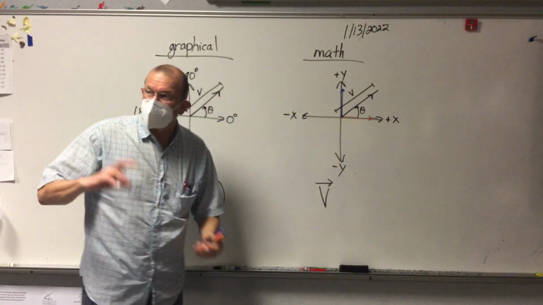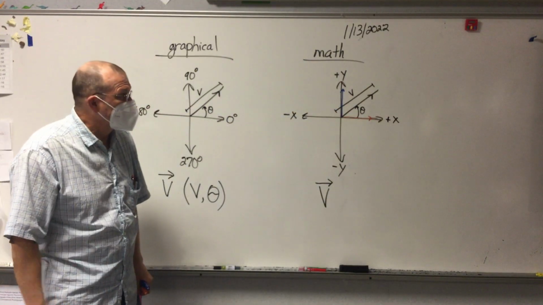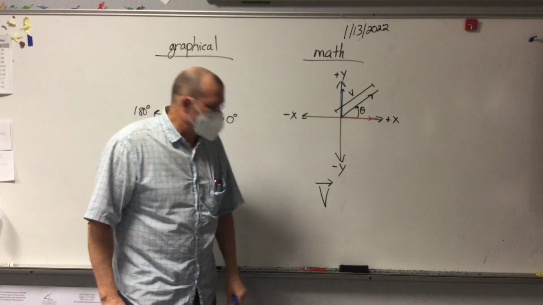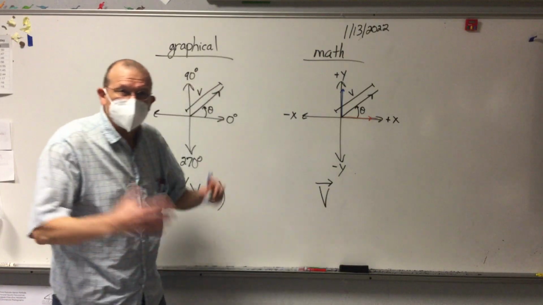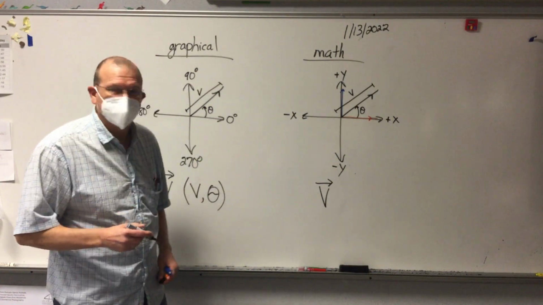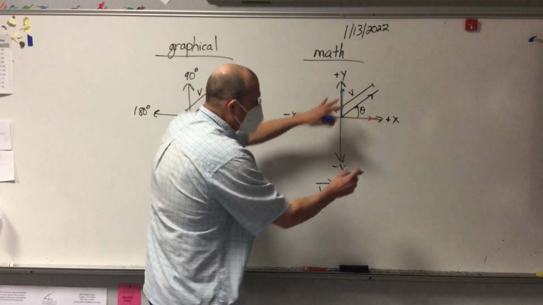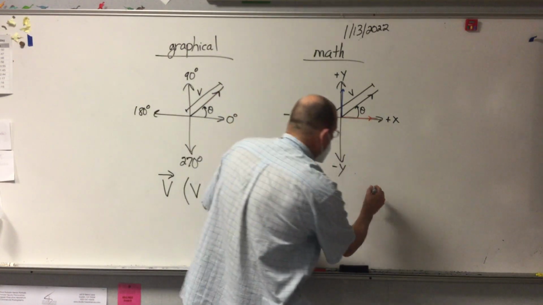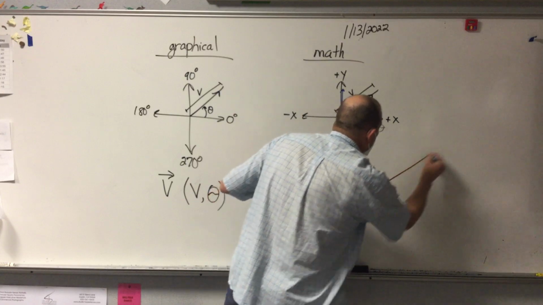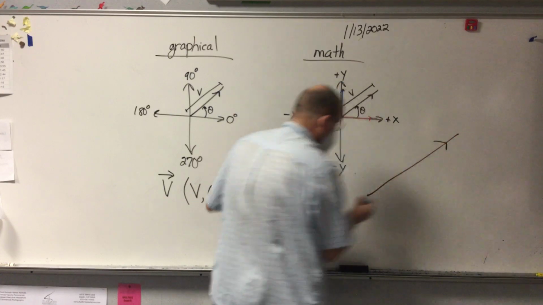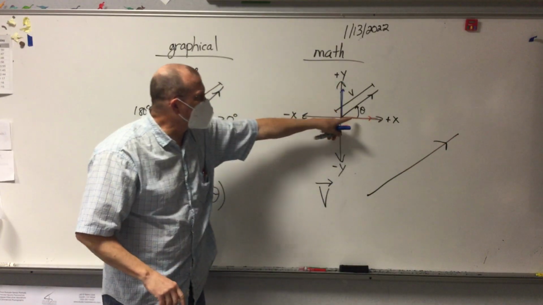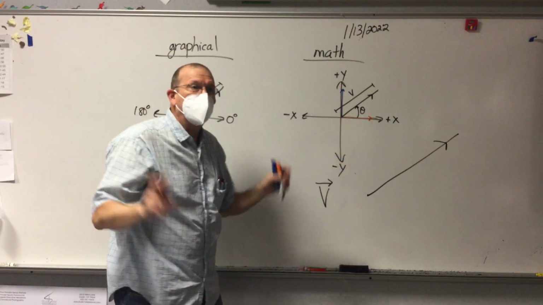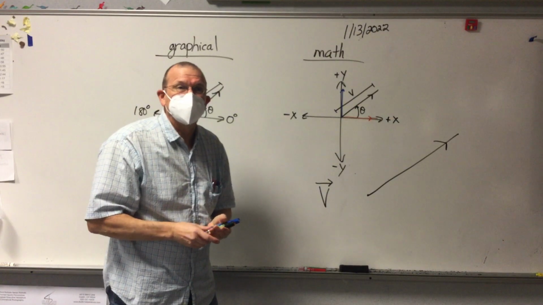Now, in order to understand where we're going to go from here, this is actually like a little vector addition problem. So what math are we going to do with this? We're going to take this, and I'm going to really explode this and make it big. Instead of treating this orange and blue one as two separate things, we are going to add them together tip to tail.